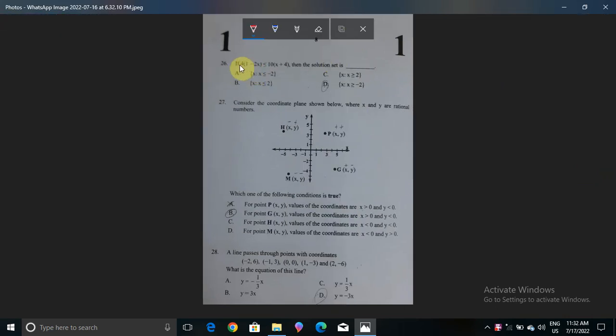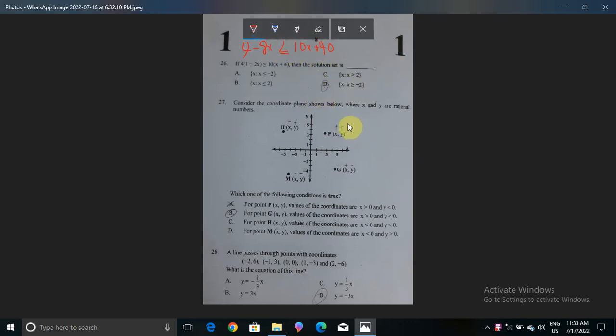Here what we have in this question, if 4 times 1 minus 2x is less than or equal to 10 bracket x plus 4, then the solution set is what? First of all, after removing the brackets, we'll make 4 minus 8x less than or equal to 10x plus 40, right?